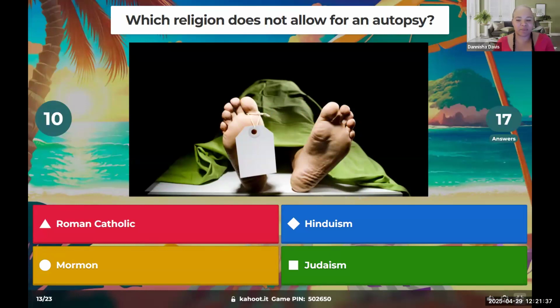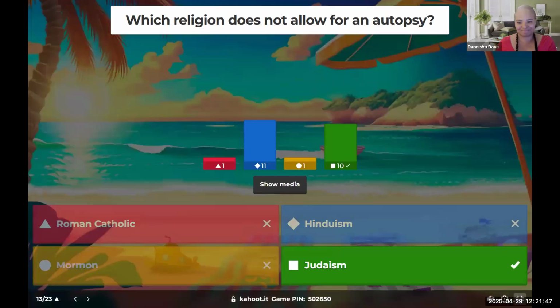Katie, the game pin is at the bottom of the screen. Guys are split on this one too.